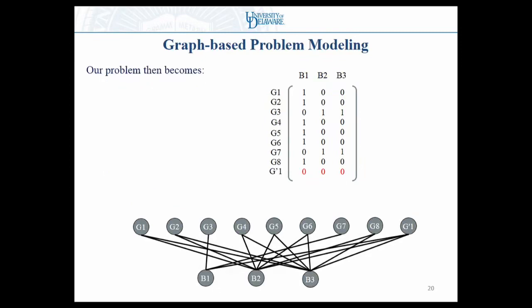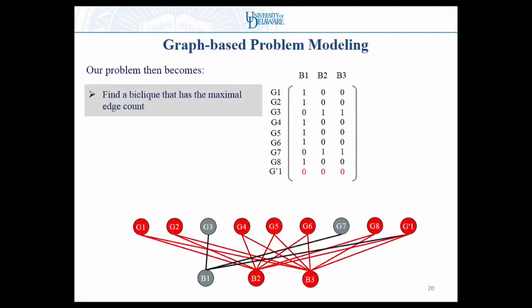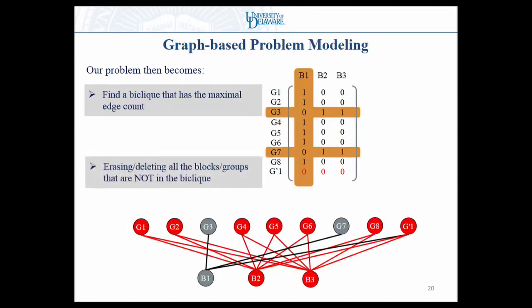So now you can see that if you find the maximum edge biclique in this, the remaining nodes are going to be the ones that we can choose for erasing or deleting, which is going to be the same as the ones that I showed you in the example.